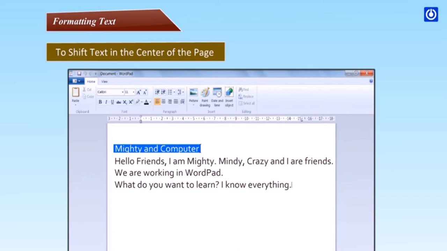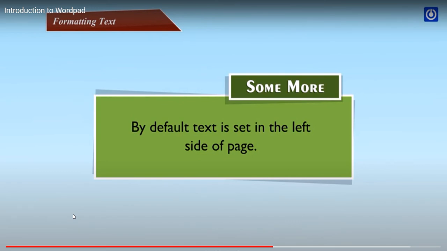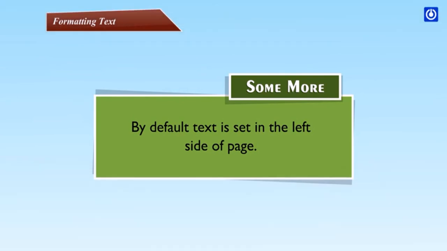The selected text gets highlighted. Step 2. Click on Home tab to use the formatting buttons. Step 3. Bring the mouse pointer on the center button in the paragraph group and click on it. The text will come in the center of the page. Some more. By default, text is set in the left side of the page.